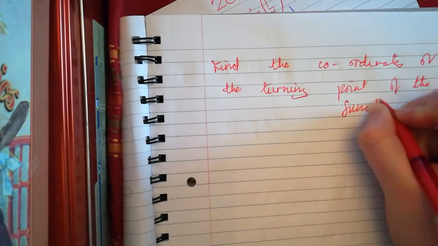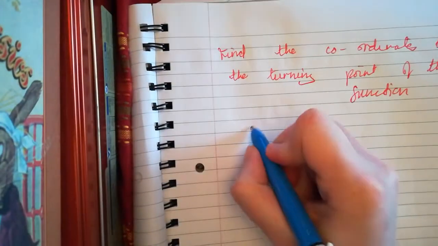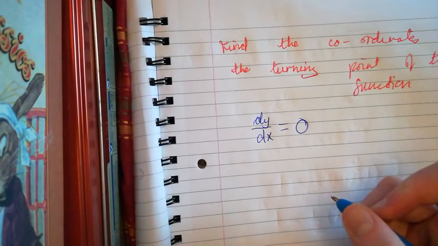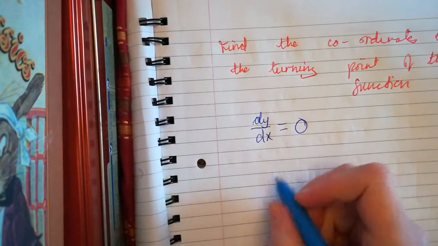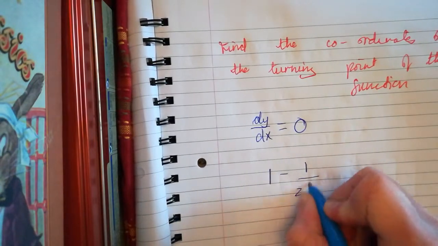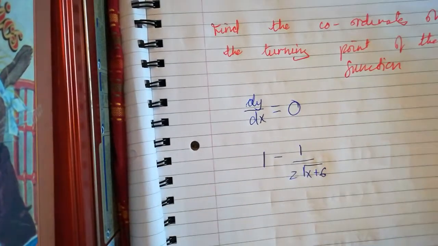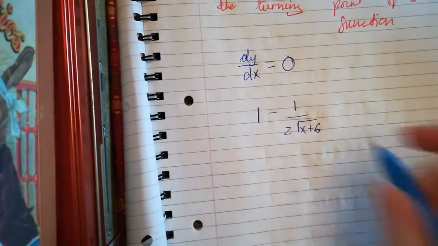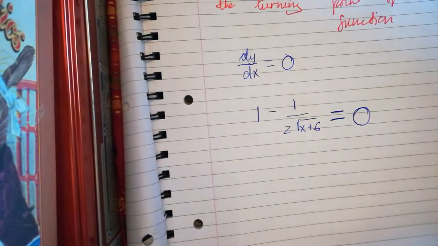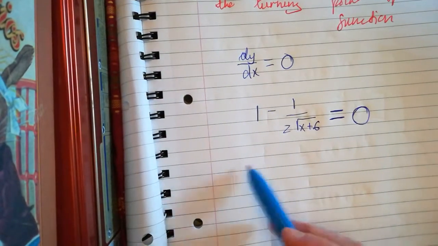So I know at my turning points, dy/dx is equal to 0. So I'm going to get the dy/dx, which I just got. I derived it already, so it's 1 minus 1 over 2 root x plus 6. That's what I just got. And I'm going to let that equal 0, because that's my derivative.